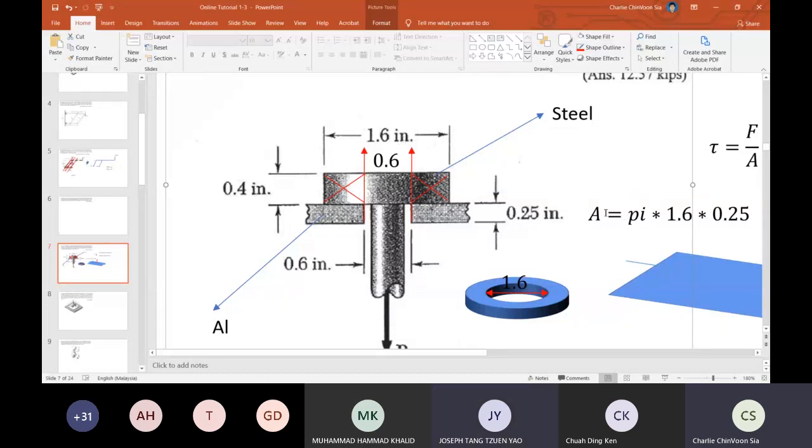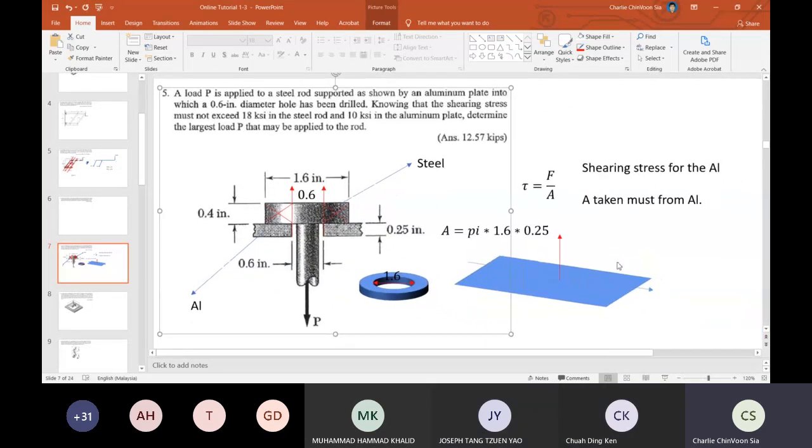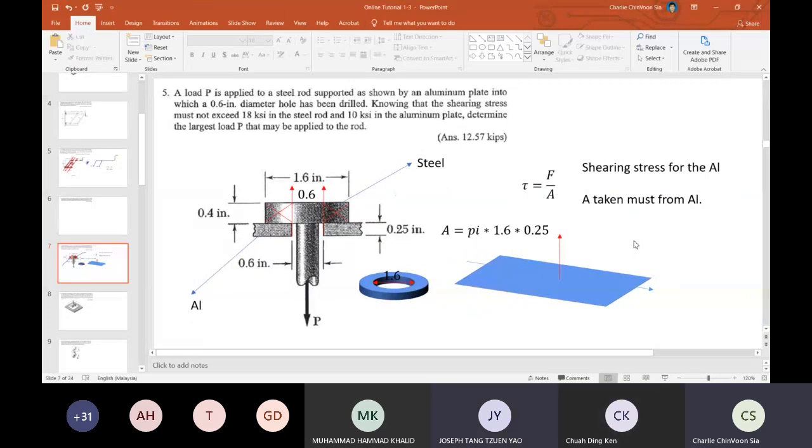So the area A for the steel will be pi multiplied with 0.6 multiplied with 0.4, because the area must come from the steel when you want to calculate the shearing stress for the steel. This is how I think is the easiest way to determine the area for the shearing stress.